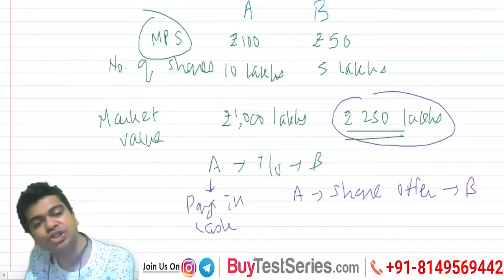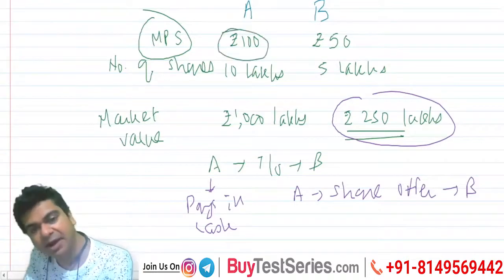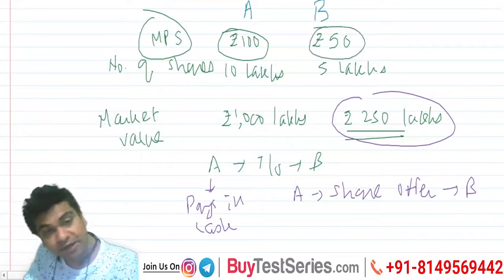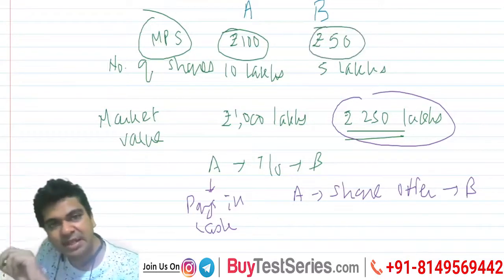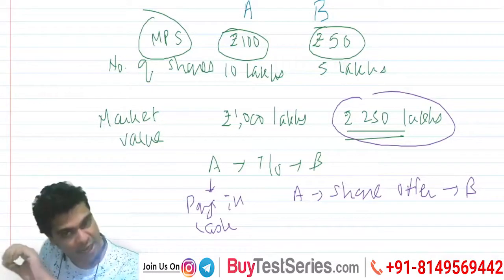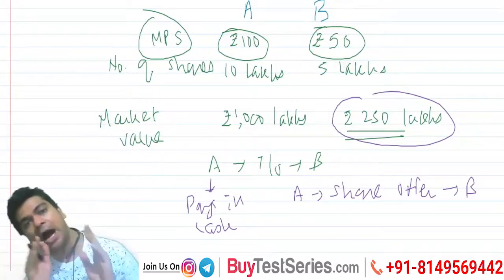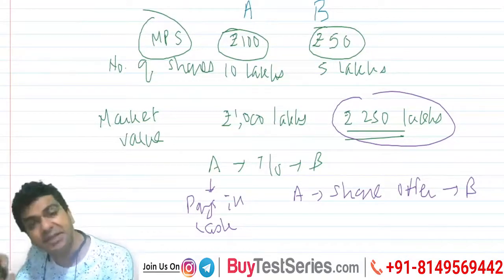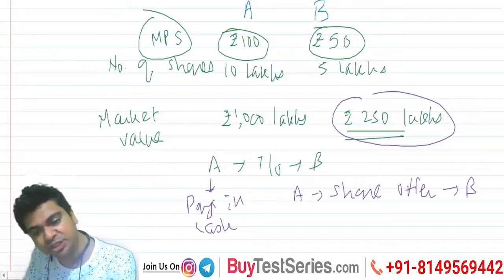Now, as you can see, the share price of A is 100 and the share price of company B is 50, right? So I can use the MPS as a base over here. As you can observe on the screen, the share price of company B is half of that of company A, isn't it? So we can consider that as the share exchange ratio.